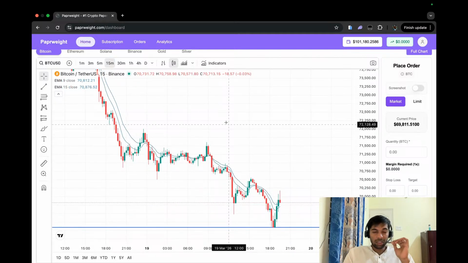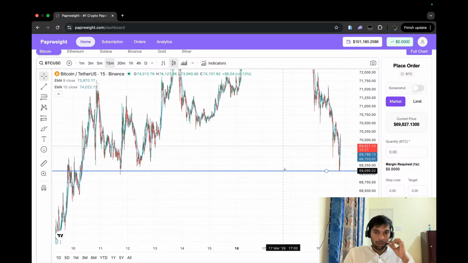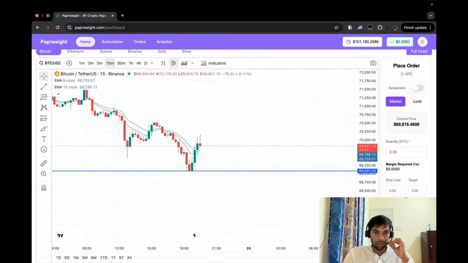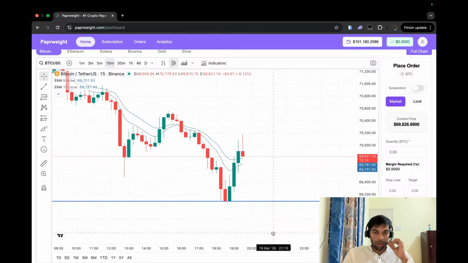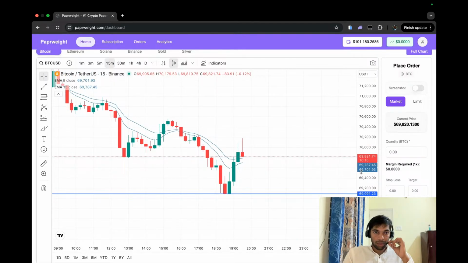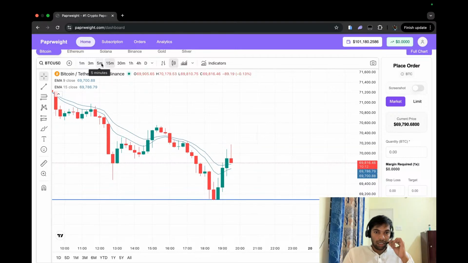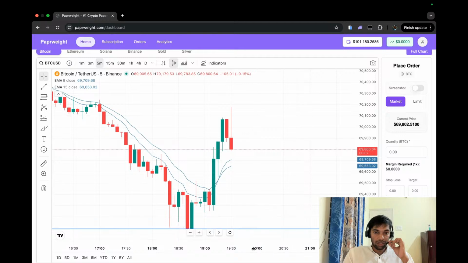The market is in a very good bearish mode, but all of a sudden this U-turn can happen, so we have to be a little bit careful with this U-turn. That is what the market is telling me.